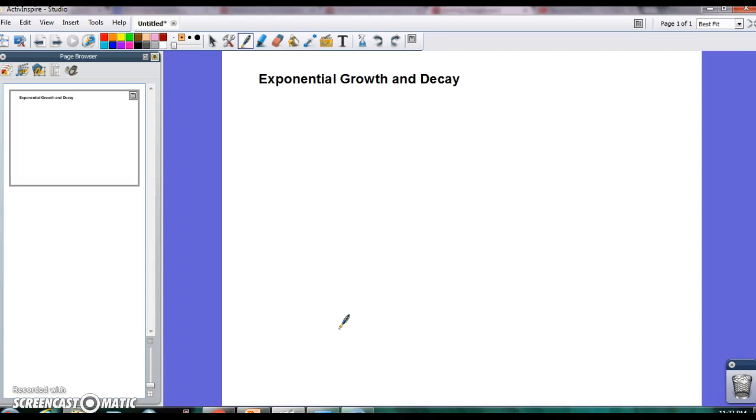Exponential functions are something that you've seen before. Whenever you see a function in the form of y is equal to a times b to the x, and these letters are somewhat generic, they might use different letters, that is exponential growth or exponential decay.